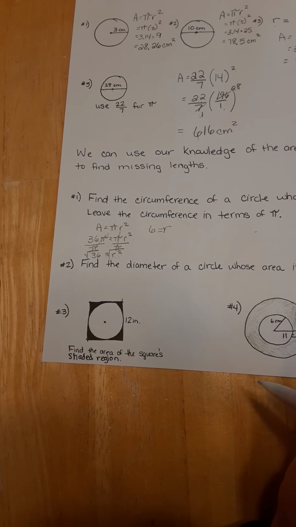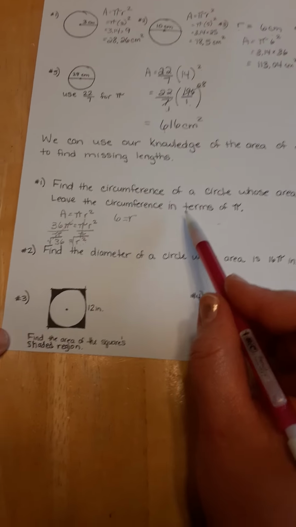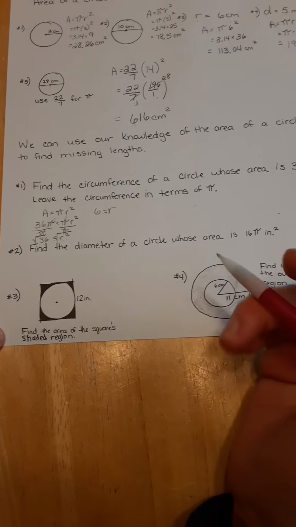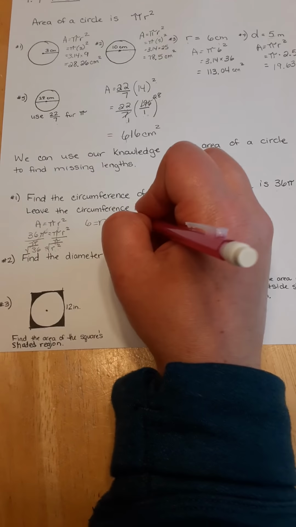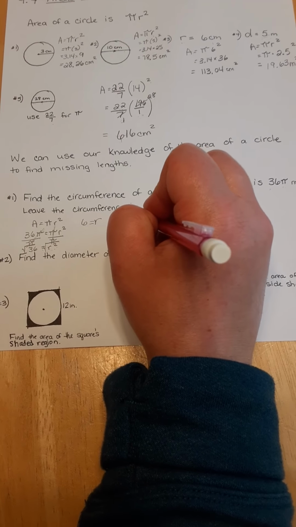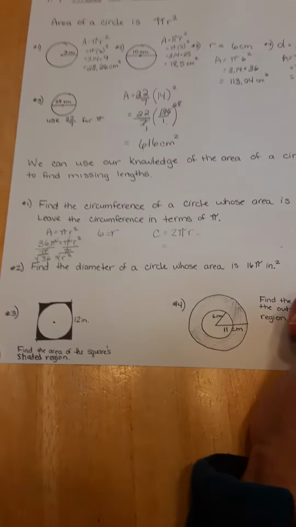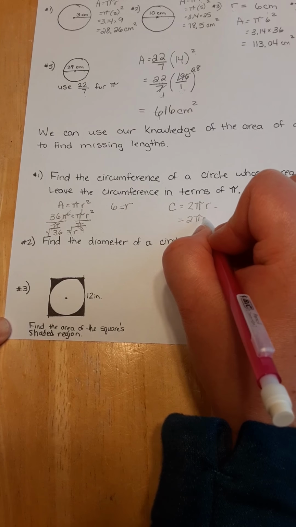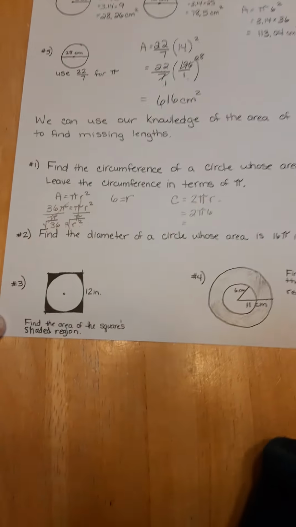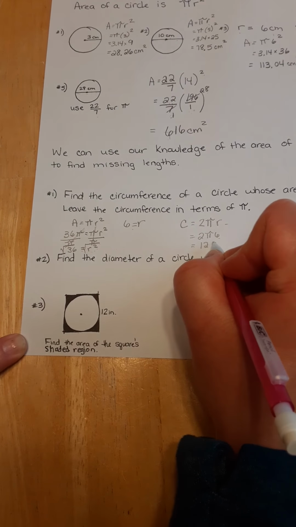That's part 1 of the problem. I still need to do a little bit more to actually get what they're asking me for, which is the circumference. So we have to go back and remember, what is circumference? The equation for circumference is 2 pi r. So I'm going to go ahead now and insert my radius, which I just found, into the equation and multiply it out. 2 times 6 is 12, and I get 12 pi.